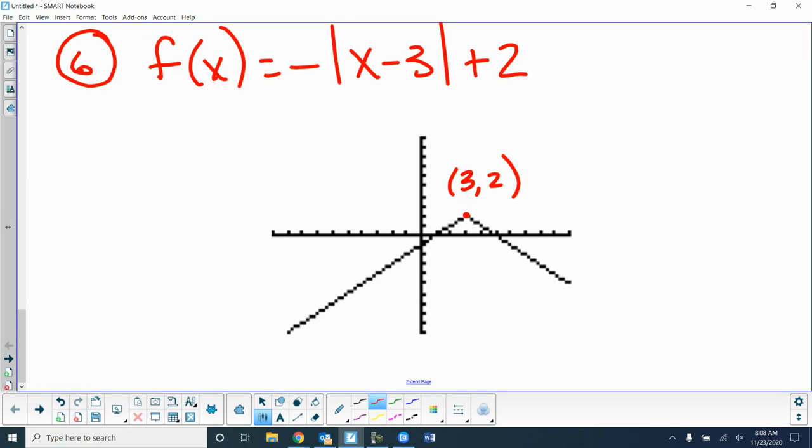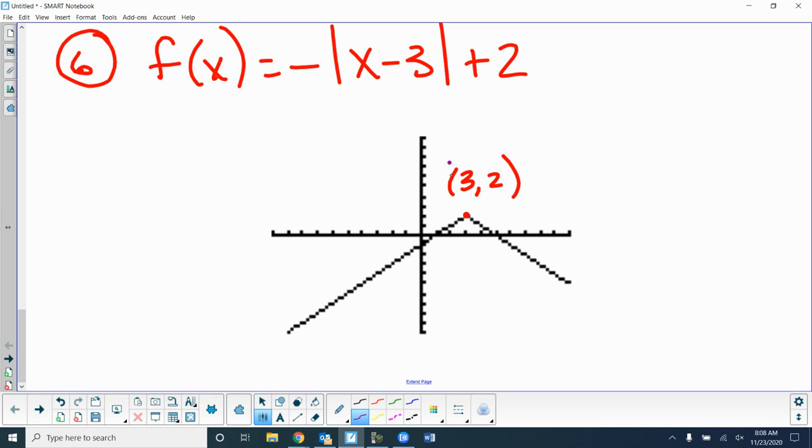Okay, so the question is this. It says, determine the interval over which f of x is an increasing function. And then it says, write your answer in interval notation. So over here, it's increasing, right? Once it gets to here, it starts decreasing, okay? When we talk about the interval, we're talking about the domain, the x values, okay? Every year I get kids give me the y values, right? So it's the x value.